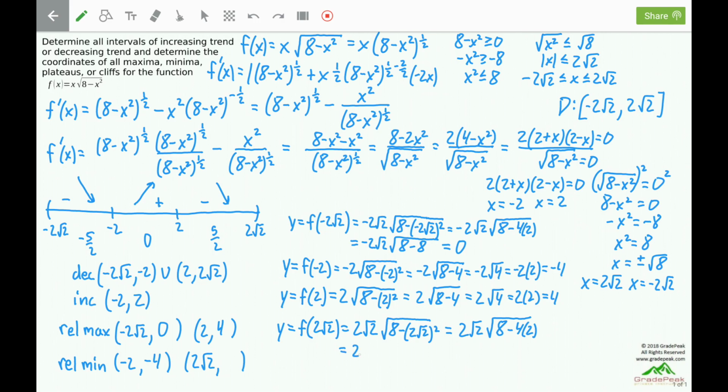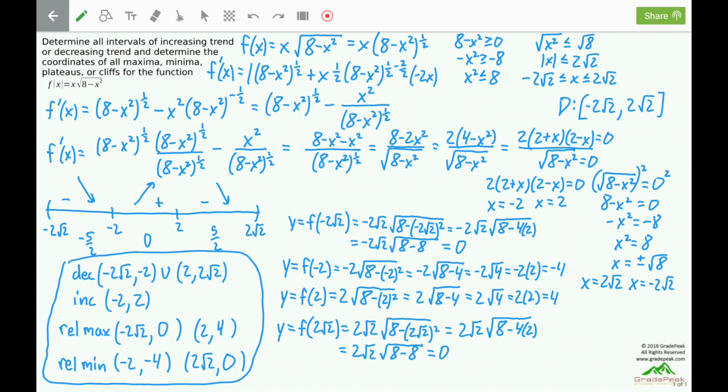So this equals 2 square root of 2 times the square root of 8 minus 4 times 2, which is 8. 8 minus 8 is 0. Square root of 0 is 0, and this will come out to 0. So we have our decreasing intervals, the increasing interval, 2 relative maxima, and 2 relative minima.